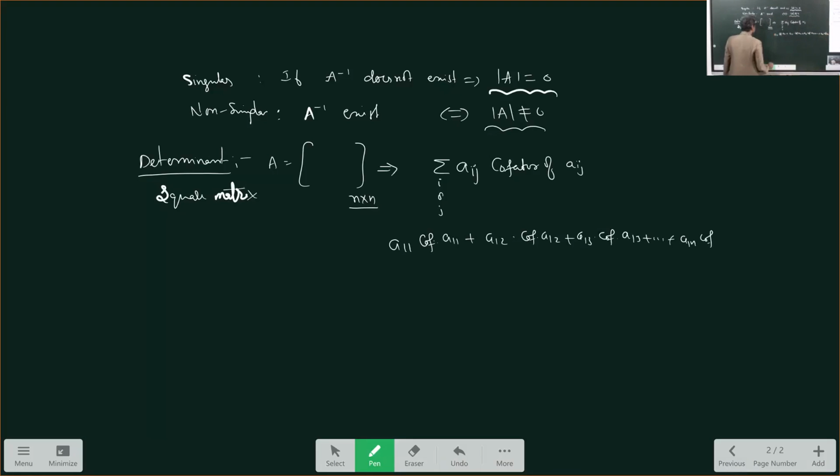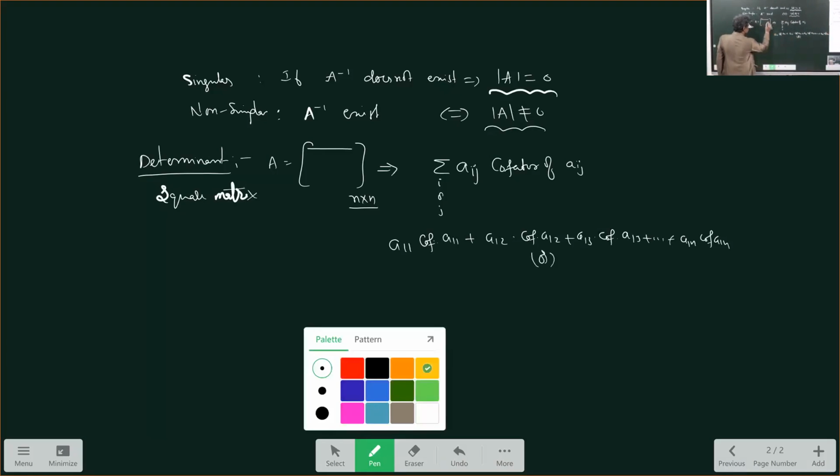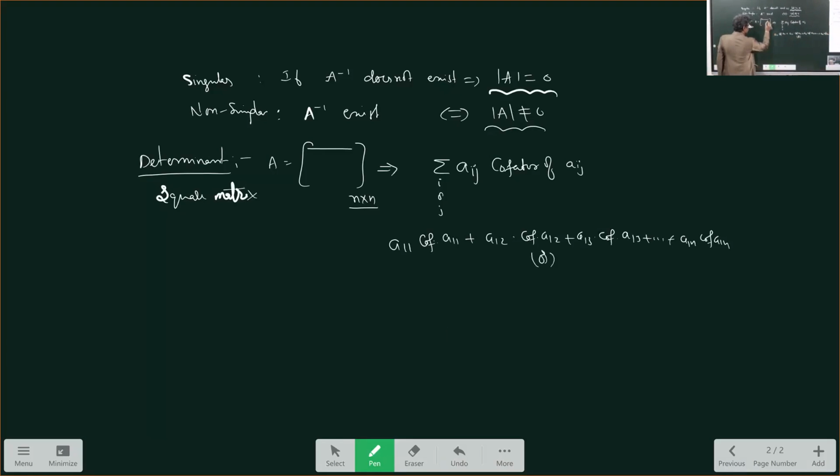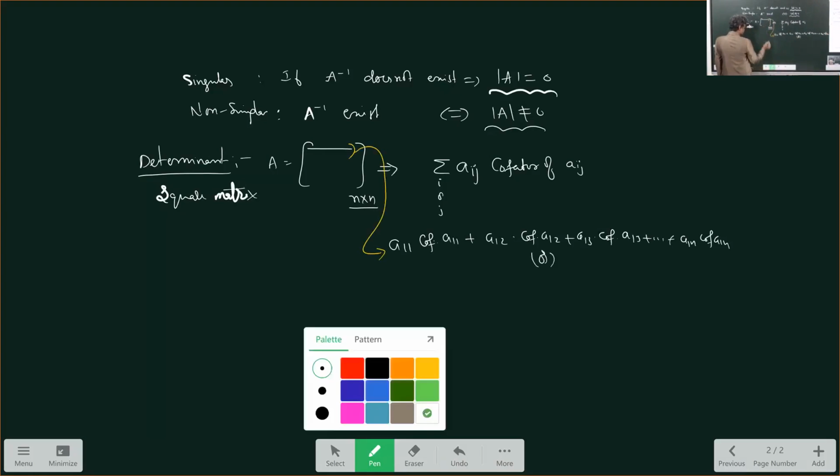What is the meaning of this one? This is expanded by the first row. So this is the way we are getting it.